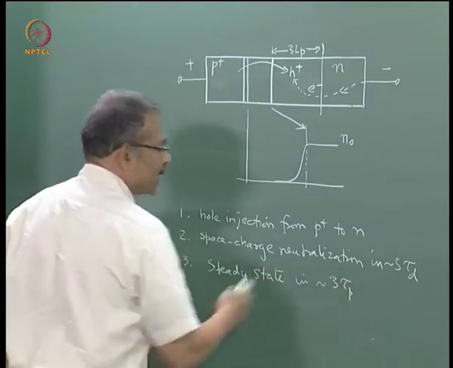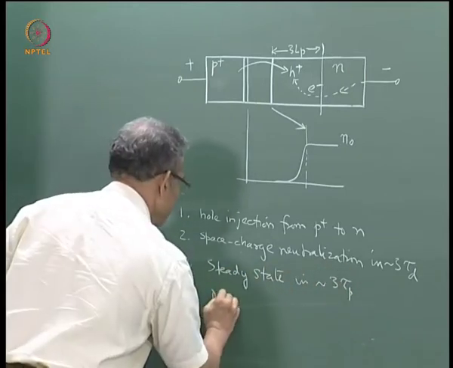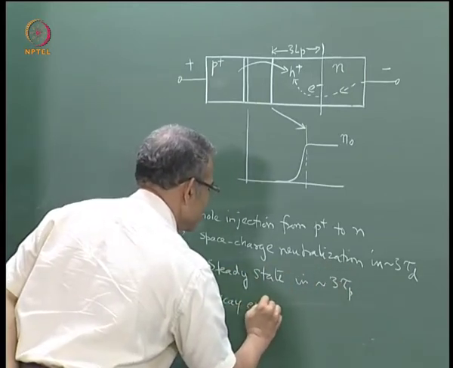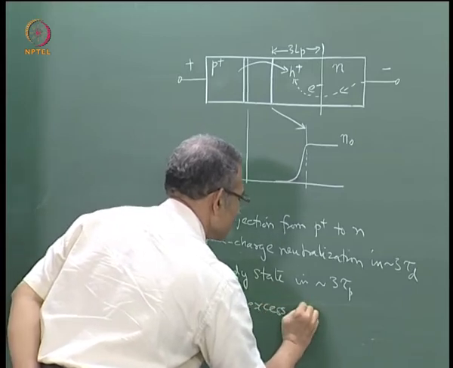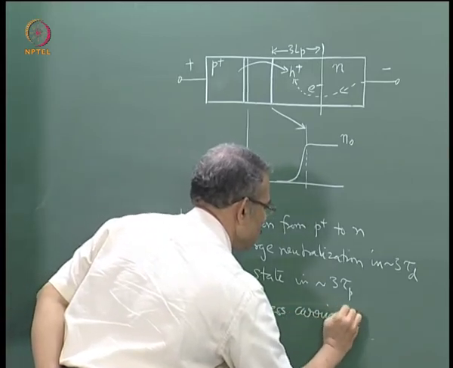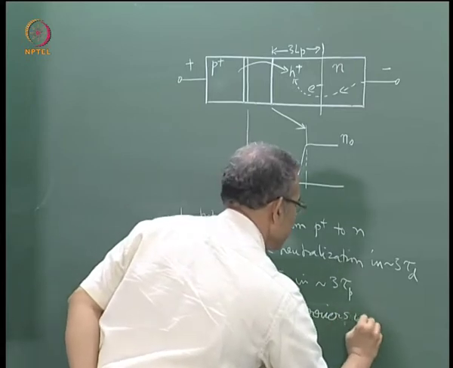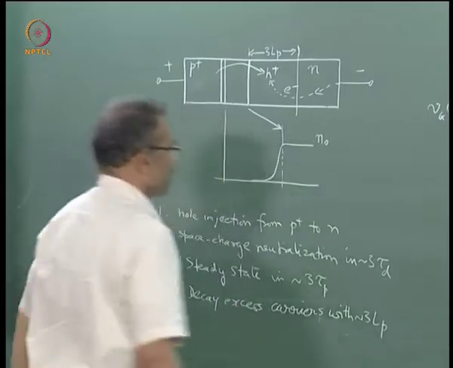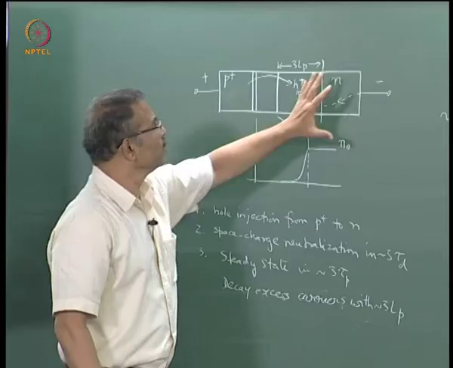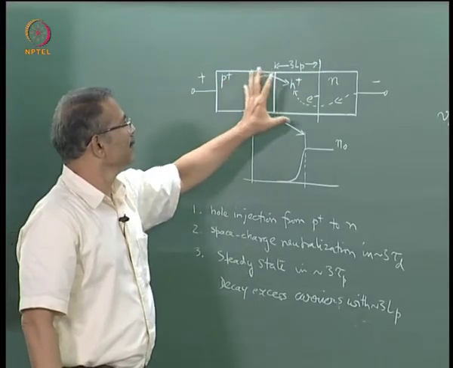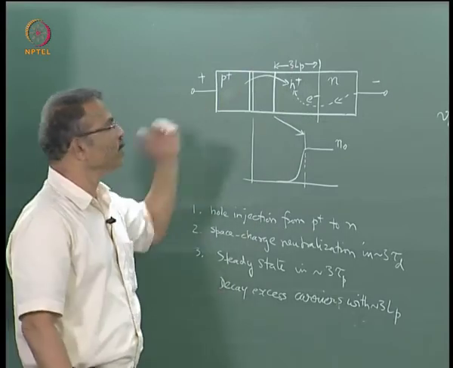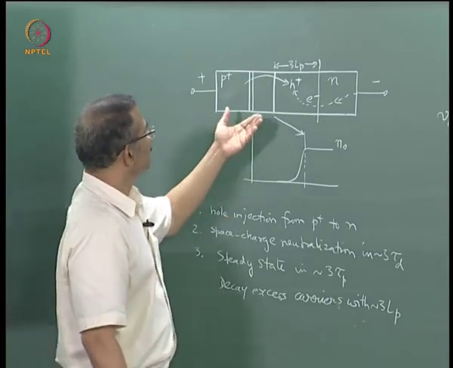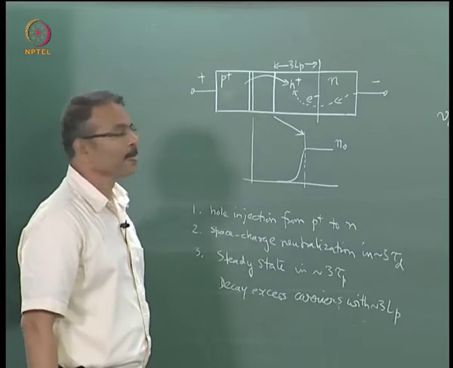So as a part of the steady state, you will have decay of excess carriers within say 3 times the diffusion length. Now this is how you can describe the various things happening in a p-n junction when you apply a forward bias. Now let us concentrate on the space charge region.